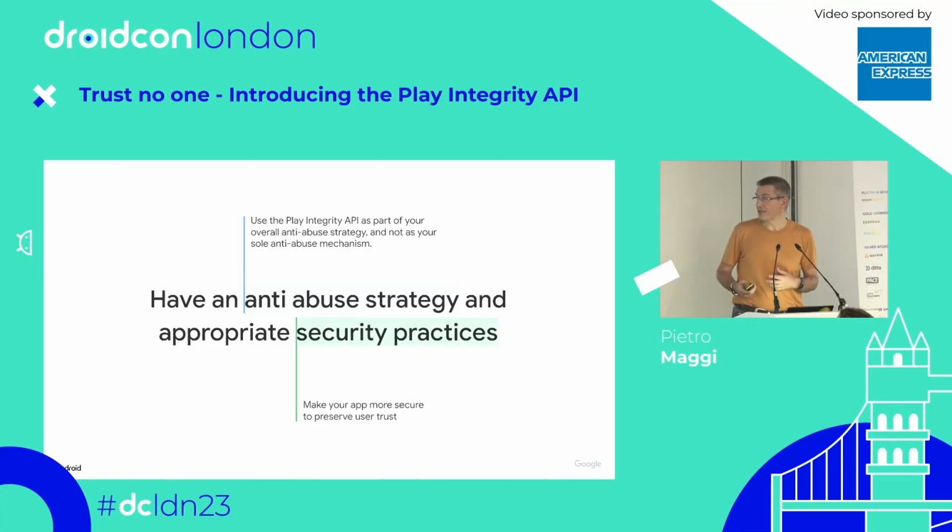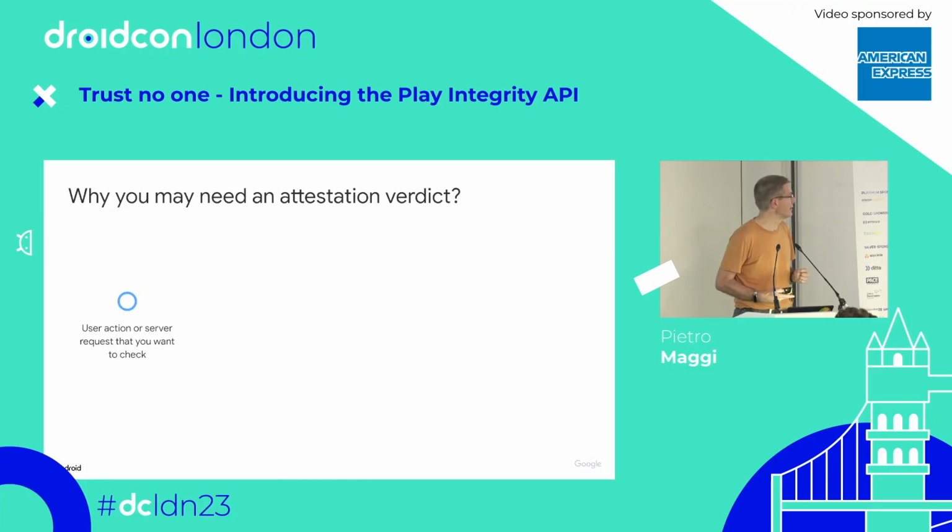And security practice, well, it's mostly because of user trust. User trust is something that takes a lot of time to build, but if you have a security incident in your application, it's very quick to lose all the user trust. So it's very expensive to have a security incident.